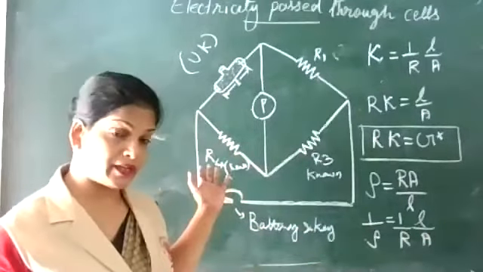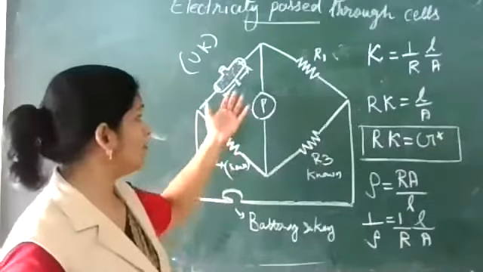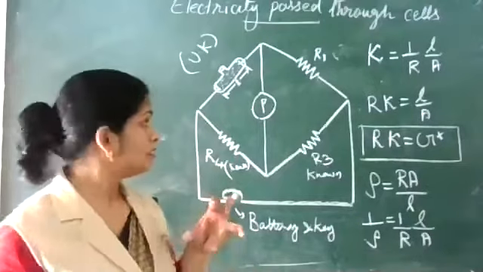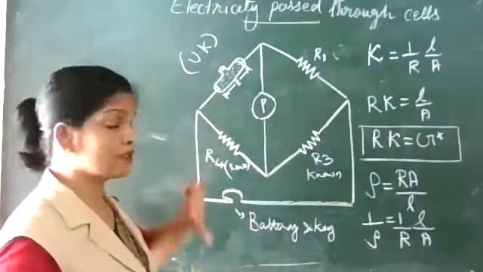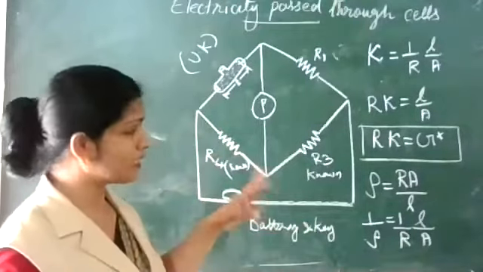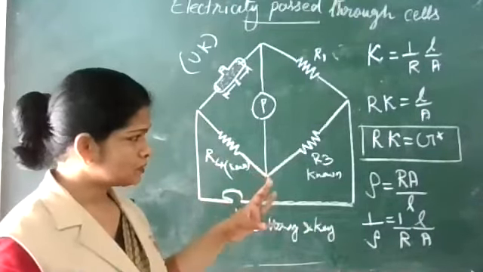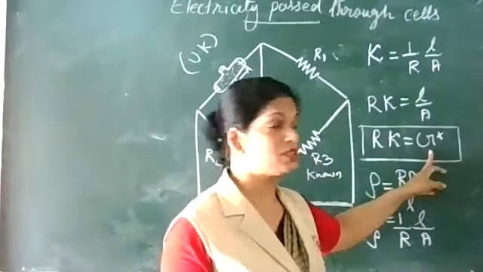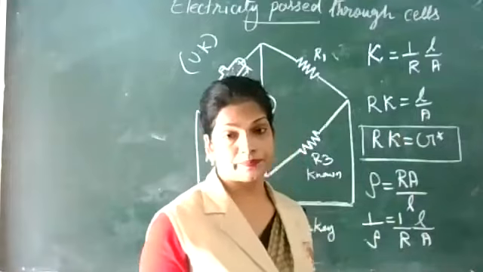L value you can find out by measuring, but the area of cross-section is not possible to find out. So now our first duty is to find out G star, that is L by A.